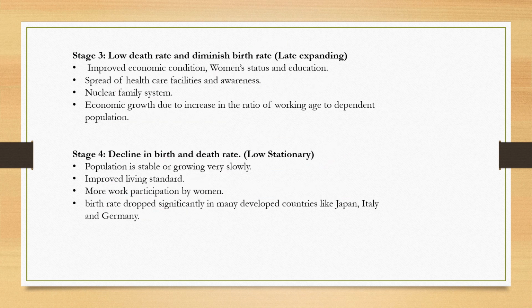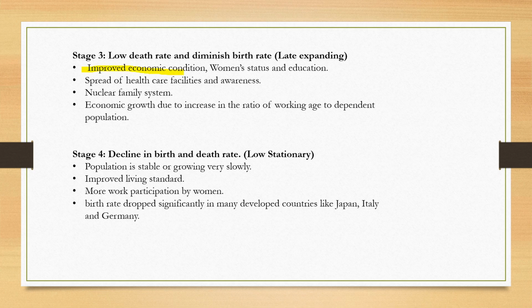Next, stage 3, low death rate, diminishing death rate, and the stage name is late expanding. So here I have written low death rate, diminishing birth rate. That means birth rate and death rate both are very low. Okay, from this stage the development starts. See, all the points are positive.